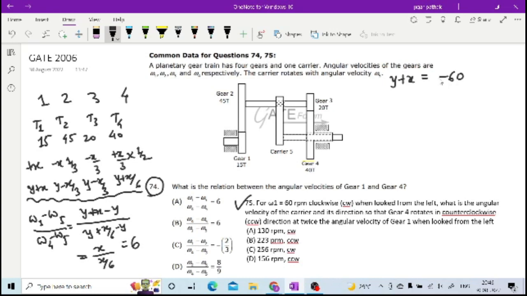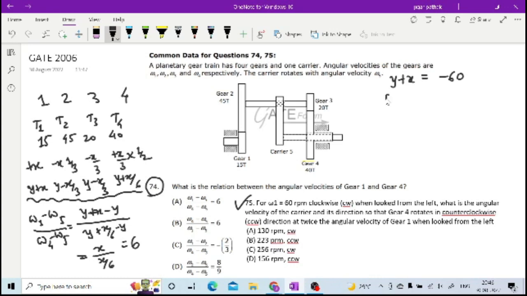When looked from the left, what is the angular velocity of the carrier and its direction, so that gear 4 rotates in counterclockwise direction at twice the angular velocity of gear 1 when looked from the left. So your omega 4 is twice the speed of 1, right?